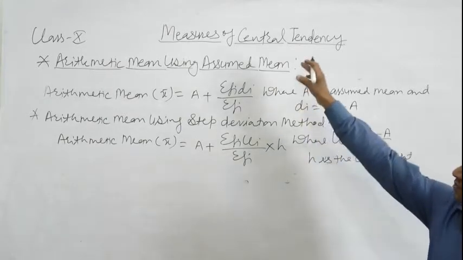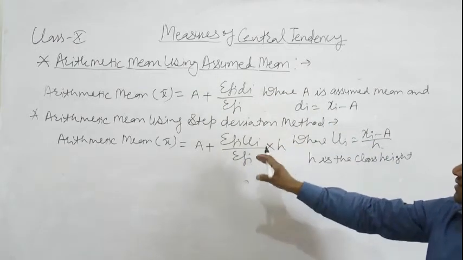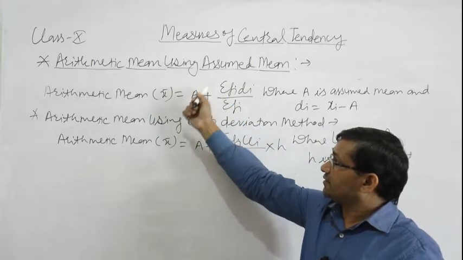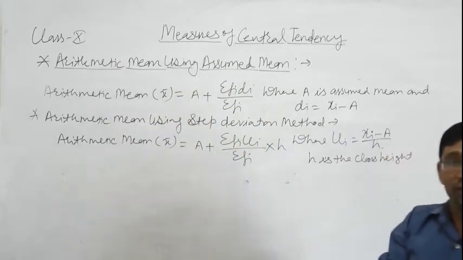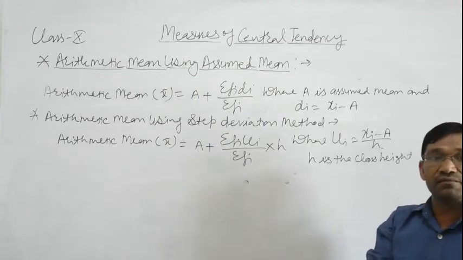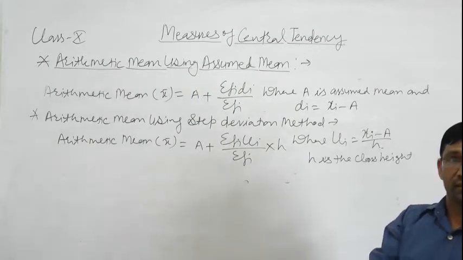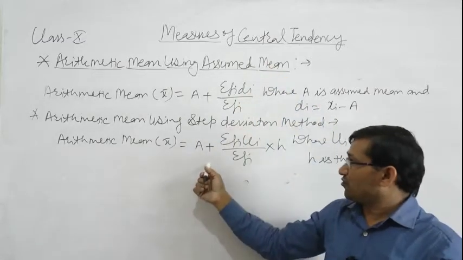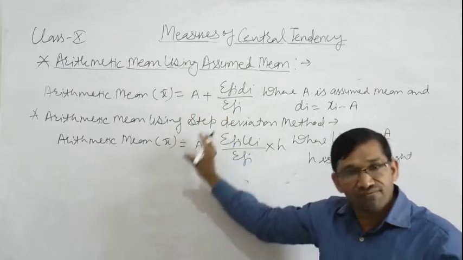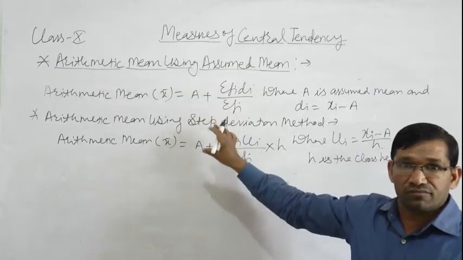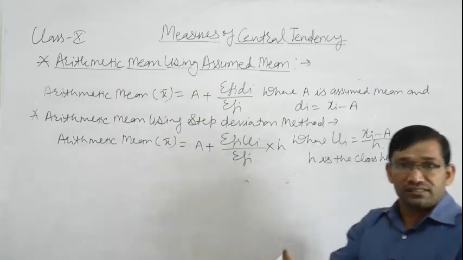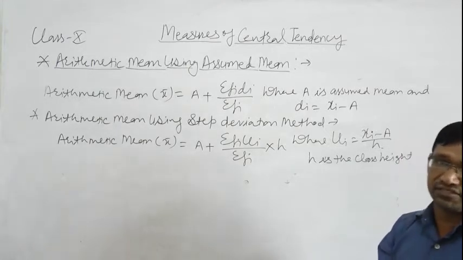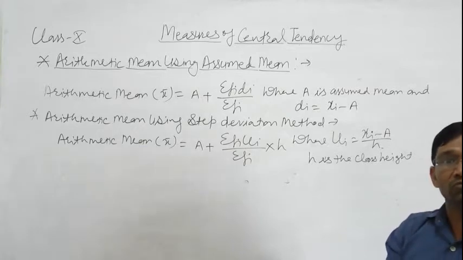So we have these two formulas for the assumed mean method to use. But if the question says find the arithmetic mean by using assumed mean, then you can use any one of both formulas. But if the question says find arithmetic mean by using the step deviation method, then you cannot use both formulas.